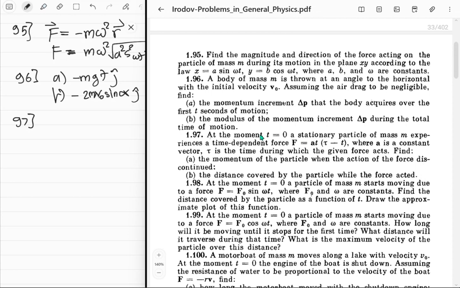Fine. And a stationary particle, so at t equal to 0 it's stationary, and then it experiences the force.